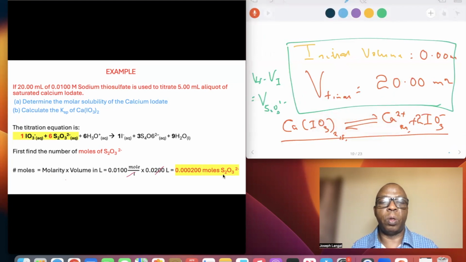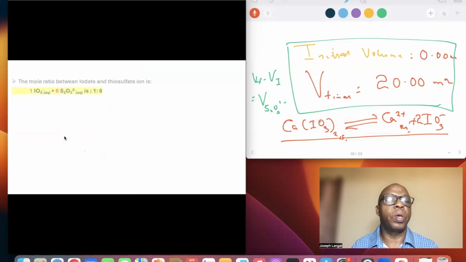So these are the moles of thiosulfate, which react with the iodide ion in the saturated solution of calcium iodide. With this, what I've highlighted here is the mole ratio. 1 to 6 is the mole ratio.